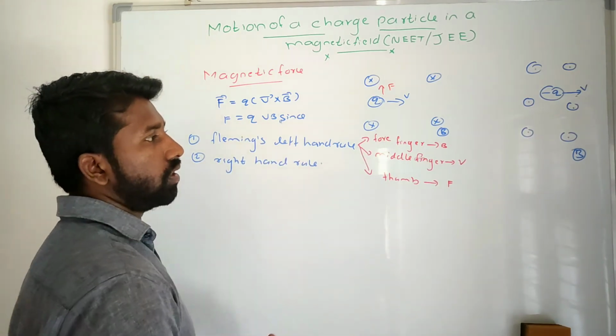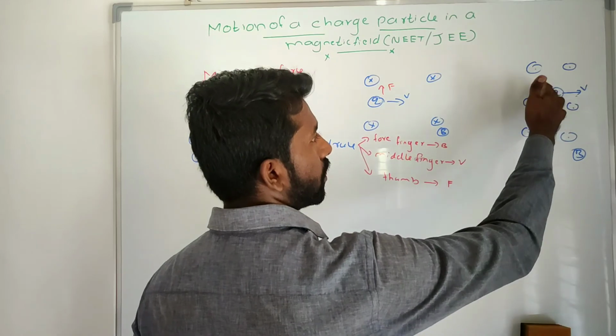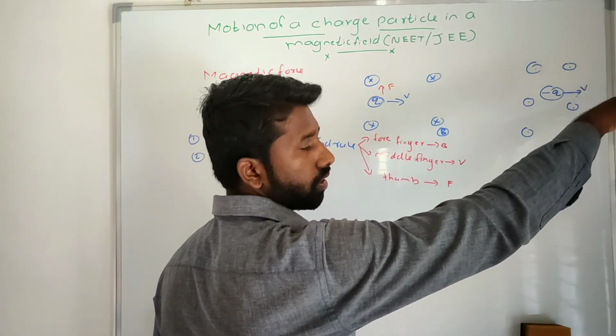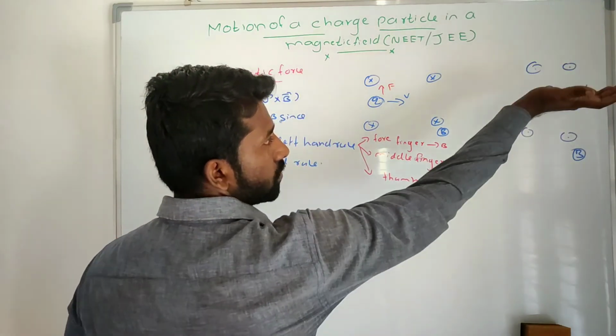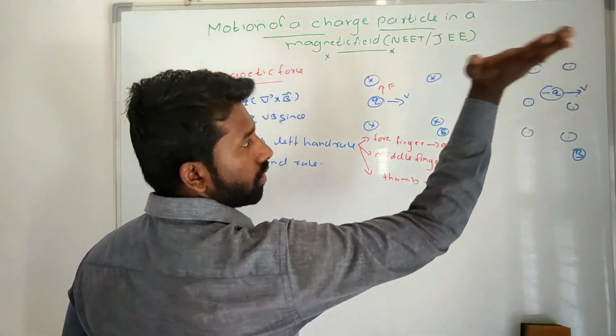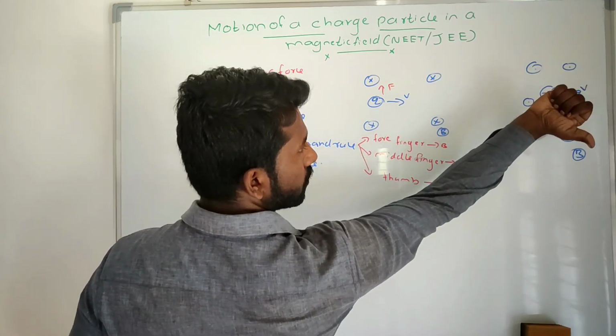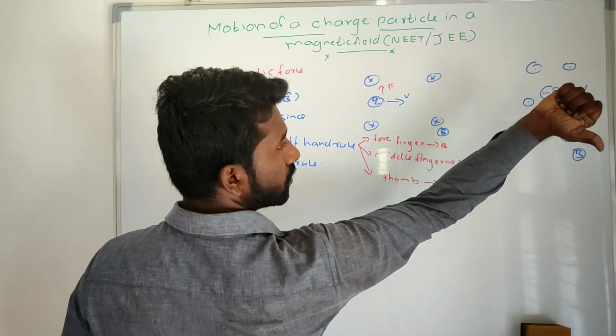Okay. So now I assume this charge is a positive charge moving in this direction. Okay. So I will place my right hand like this and curl in which direction? Upwards like this. Okay, so this is the direction.